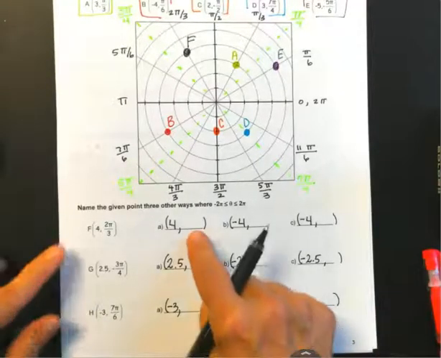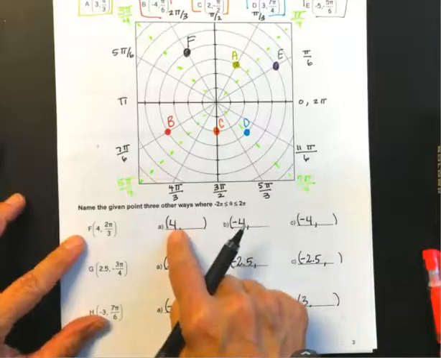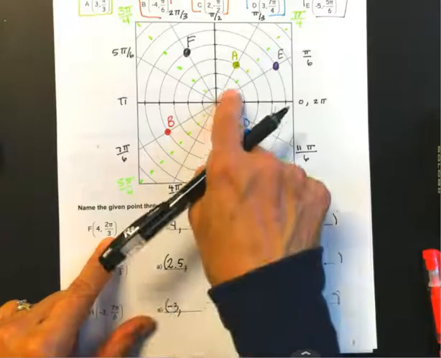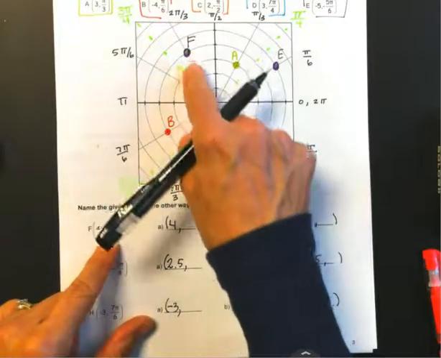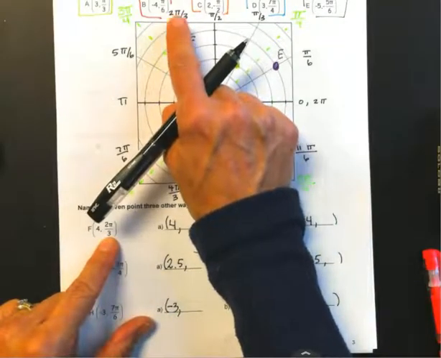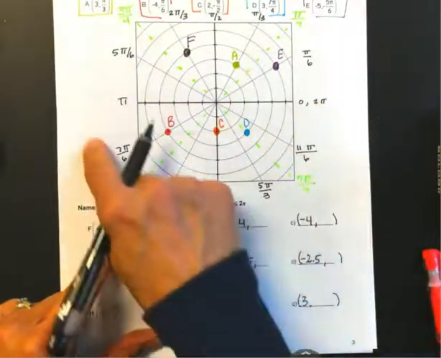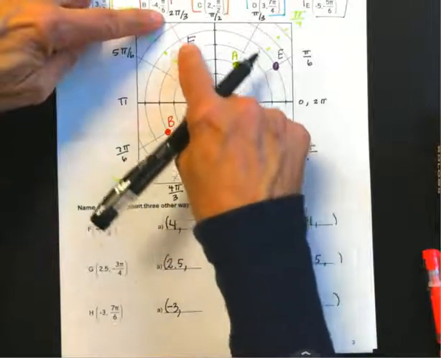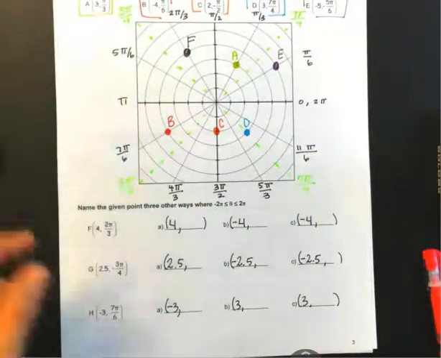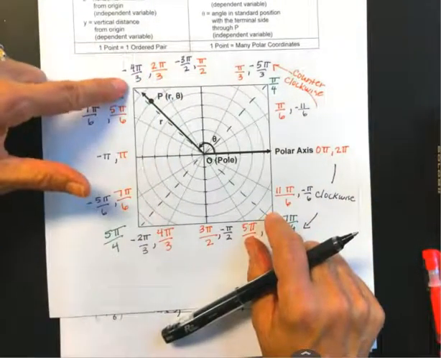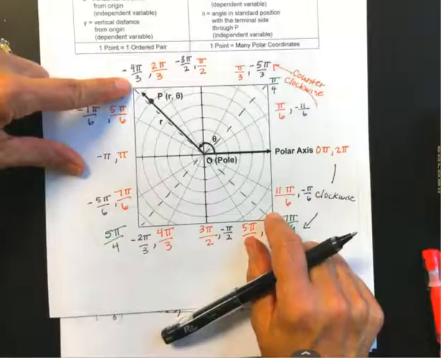All right, let me show you how to get this. So remember, 4 means you're going towards an angle, but I already have it going towards a counterclockwise angle. Remember, I can count this way and still go towards it. So remember from part 1, we identified that 2 pi over 3 is the same as -4 pi over 3.